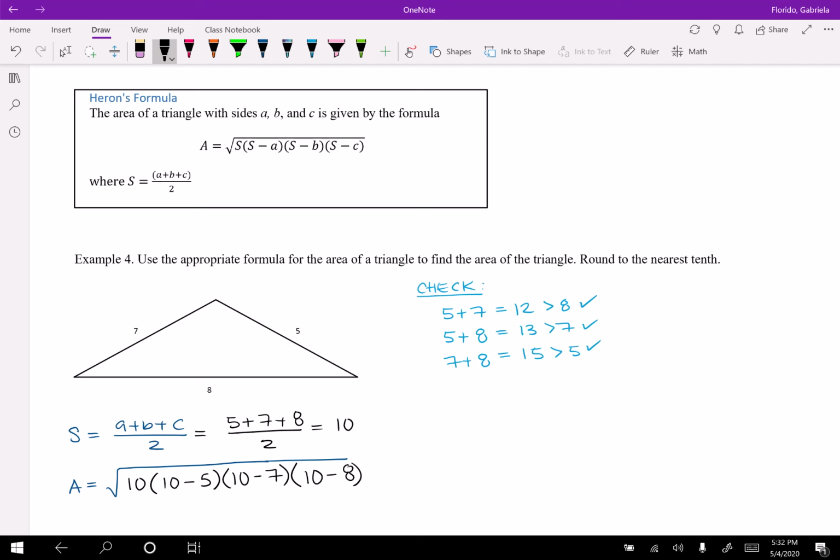All right, and so now we just plug all of this in our calculator, or again, we could try to simplify this a little bit. So this is going to equal the square root of 10 times 5 times 3 times 2. And so if you take the square root of, in this case, 300, we get that the area is equal to 17.3, rounded to the nearest tenth.